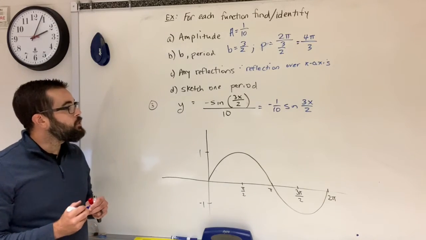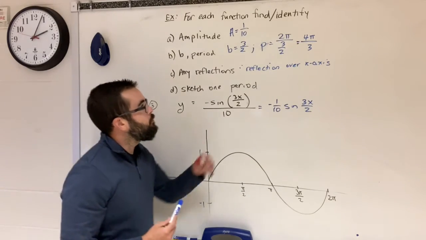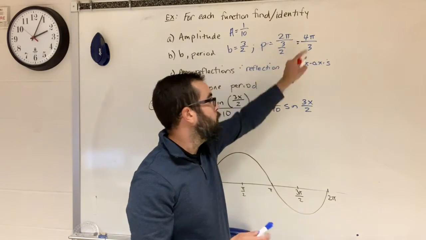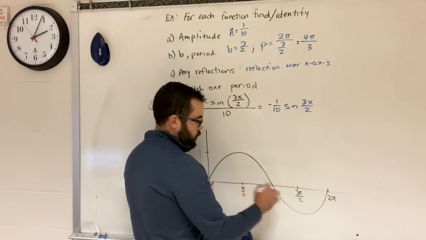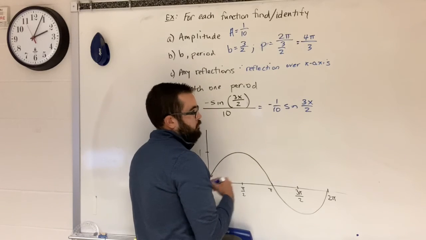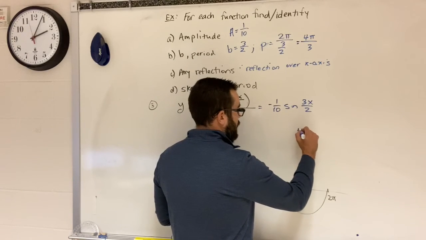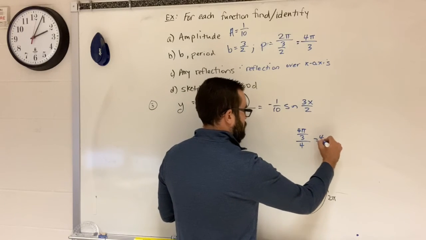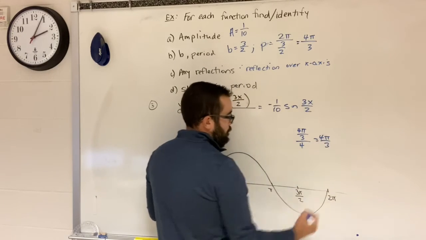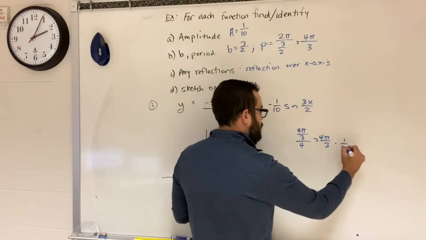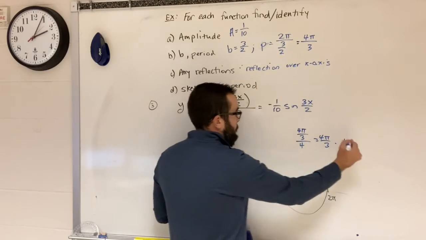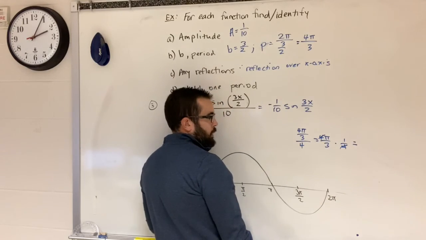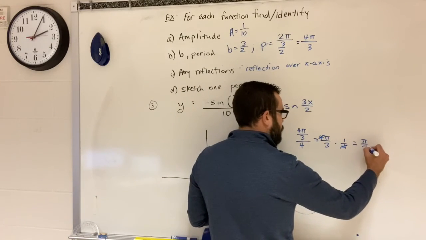All right, so I need to sketch over one period. Now my period's a little bit nasty. It's not a nice clean whole number, so we need to figure out what each critical value is. So again, to do that, you take the period and divide it by 4, which is saying 4 pi over 3 times 1/4. These 4's cancel out, and we're just left with pi over 3.